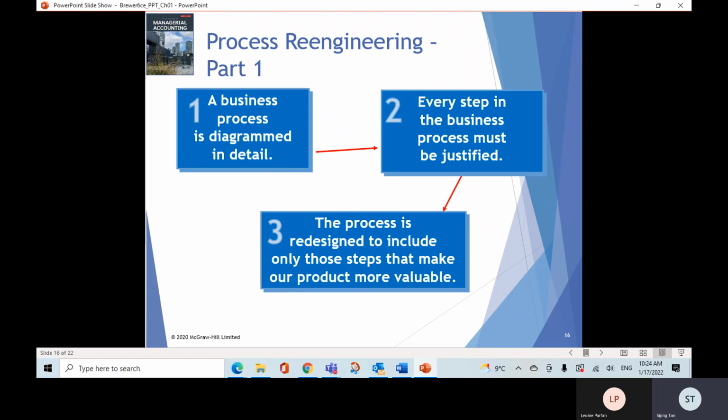So we can see that from step one, a business process is diagrammed. And then each step in the business process must be justified. The process is redesigned to include only those steps that make our product more valuable. So we actually go through each step of the business process and figure out which ones we need to focus on.